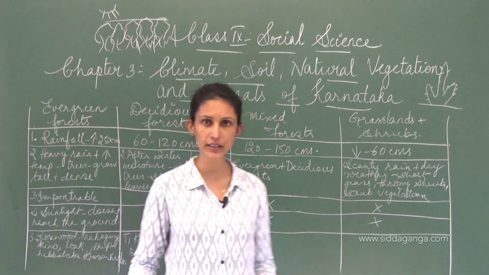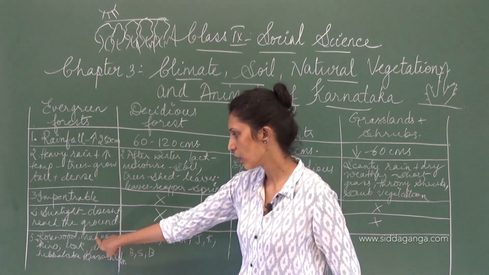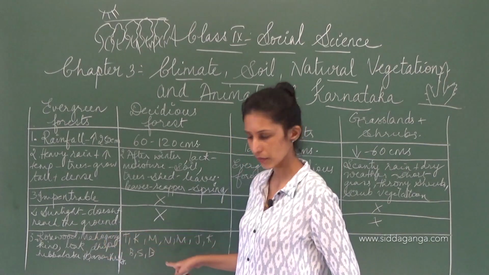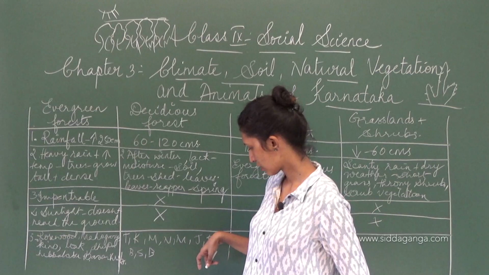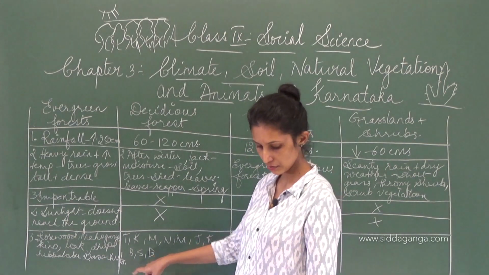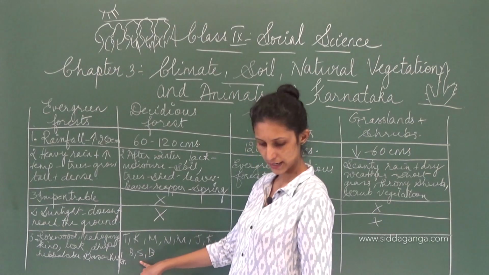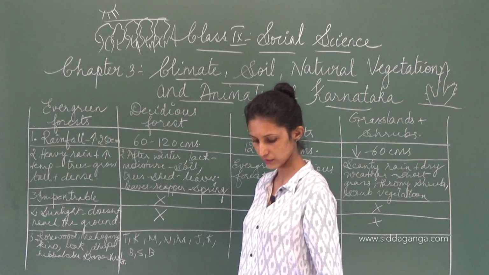I've written only a few, please write it. I'll tell it to you again. Teak, kino, mahogany is the same. Then neem, mango, jackfruit, bamboo, banyan, and sandalwood. So this is in deciduous forest.